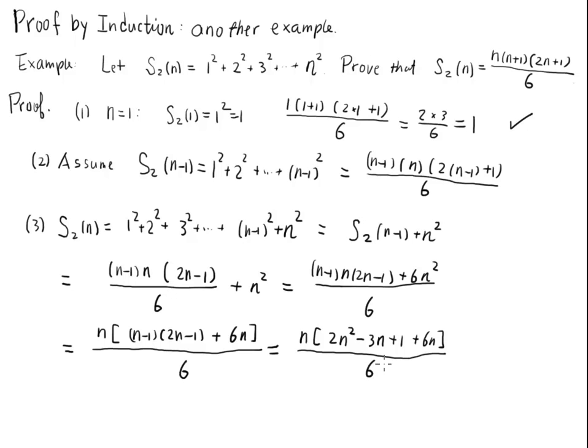We combine these 2 terms, we have then n over here, and we have 2n squared and plus 3n and plus 1. If we factor out this quadratic form, then we have exactly what we want, n and (n plus 1) and (2n plus 1) over 6. That's it.